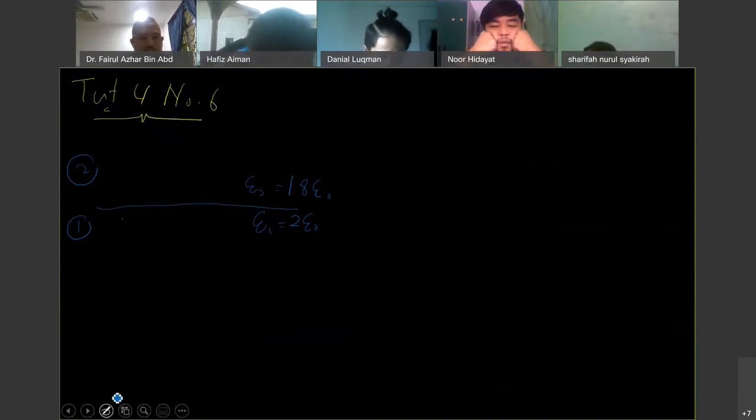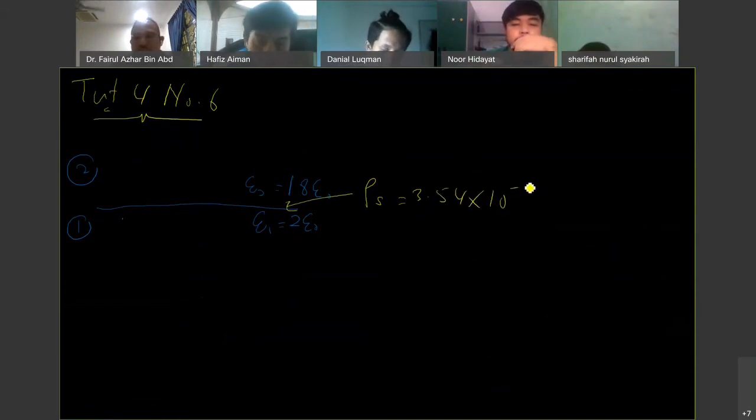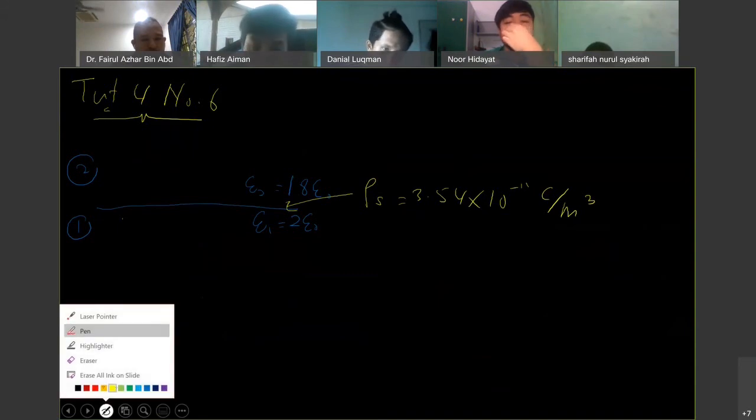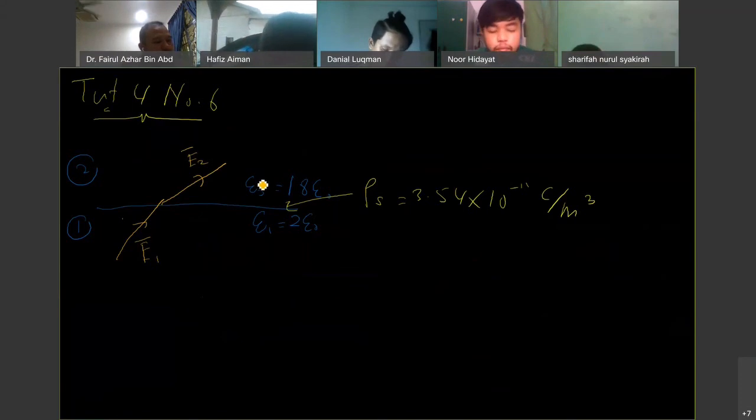The question said that on the surface of this boundary we have rho s equal to 3.54 times 10 to the power of minus 11 coulomb per meter squared. This is the vector E1, the electric field in medium 1, and this is our E2, the electric field in medium 2.